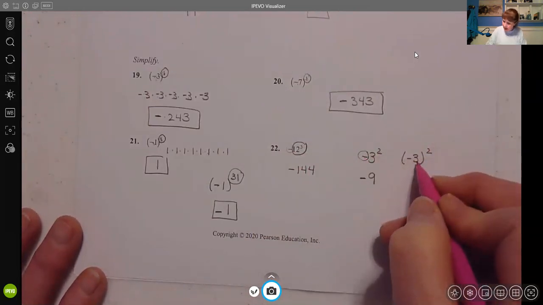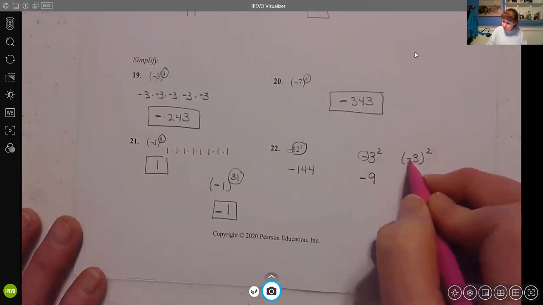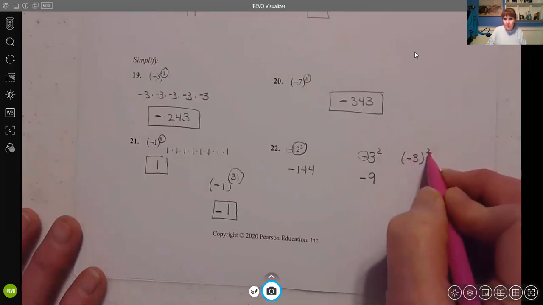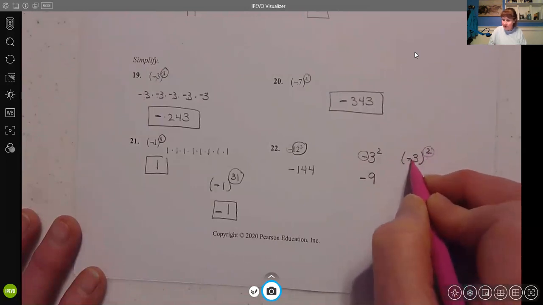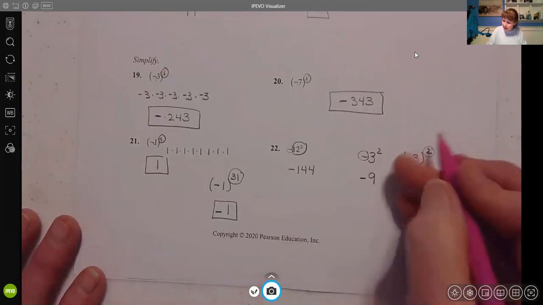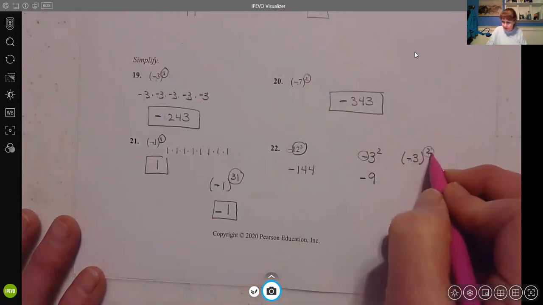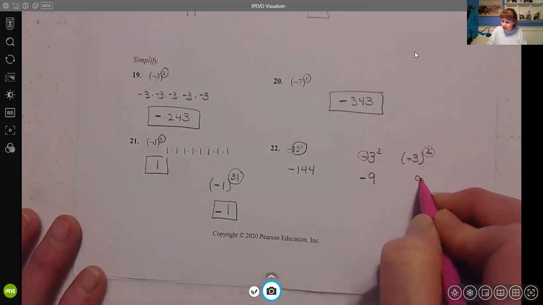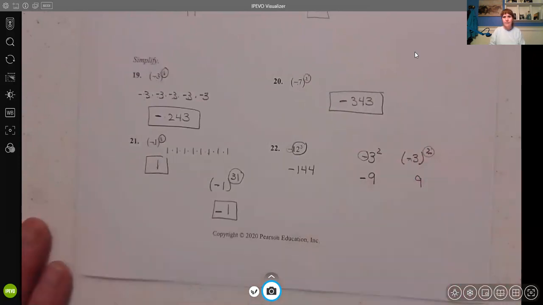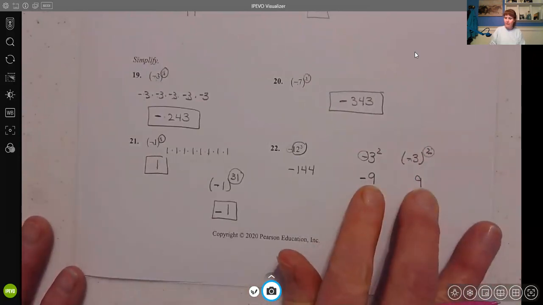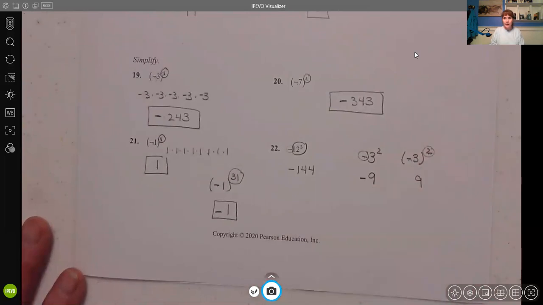Here, the negative is a part of the squaring. This is even, so the negative is going to disappear, because you have an even number of negatives. So here the answer is a +9. So be aware of that, and we'll keep looking at that later in some of the other sections.